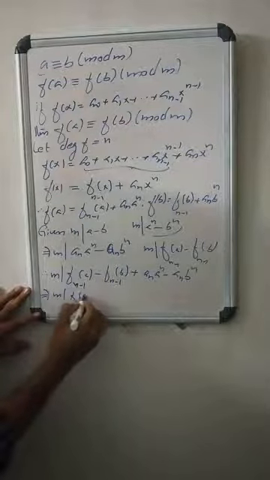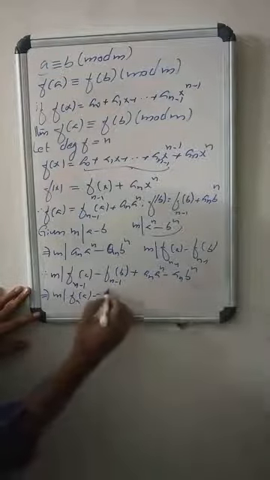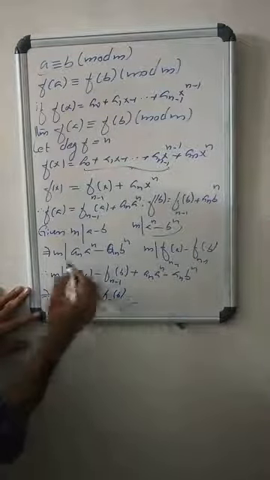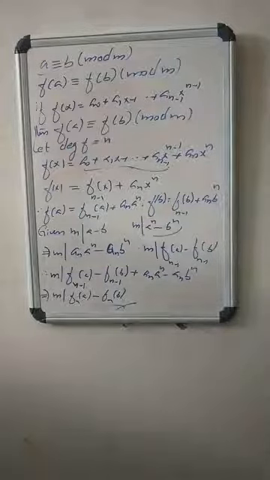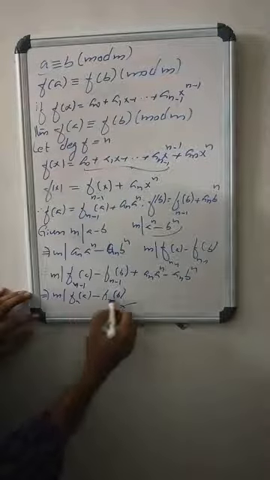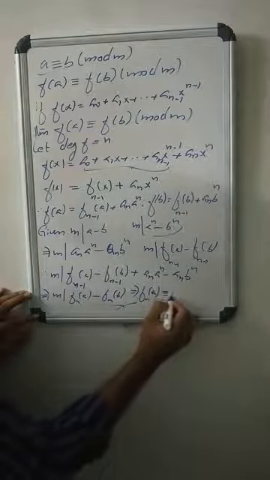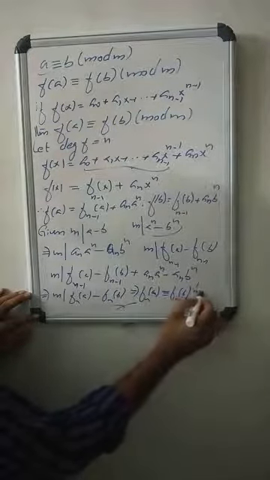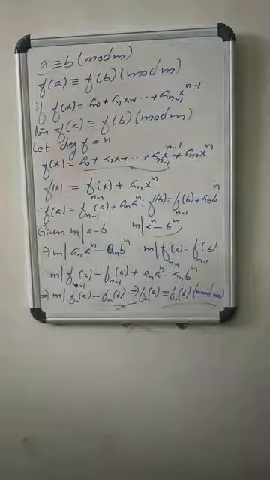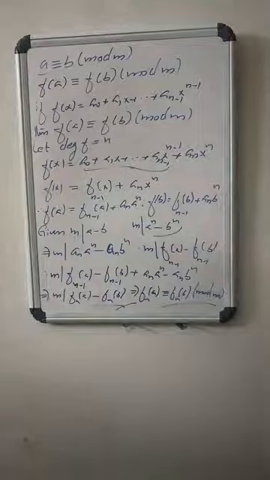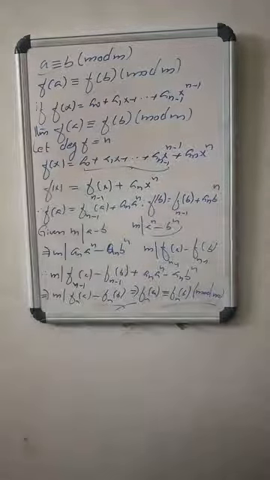That is f_n(a) minus f_n(b). So m divides f_n(a) minus f_n(b), that means f_n(a) is congruent to f_n(b) mod m. So the result is true for every polynomial f with integer coefficients having degree n. Hence by induction, the result is verified.